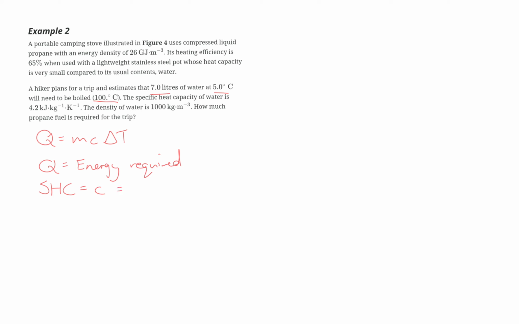And for water specifically, the value is 4,200 joules per kilogram per Kelvin. And finally, delta T, change in temperature. Quite easy to find out.